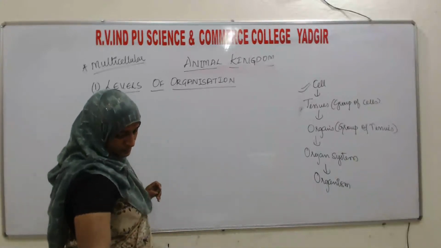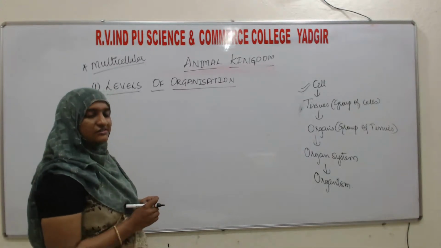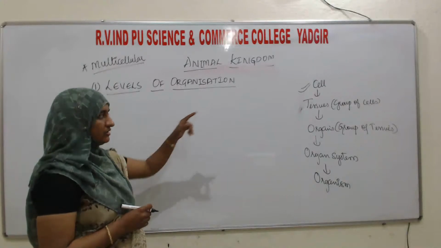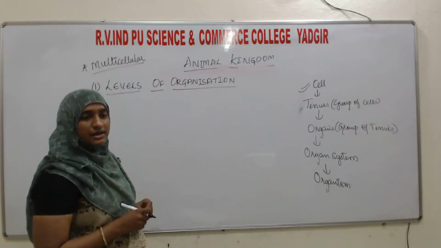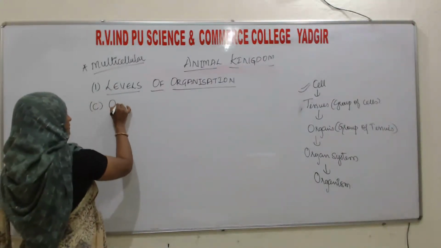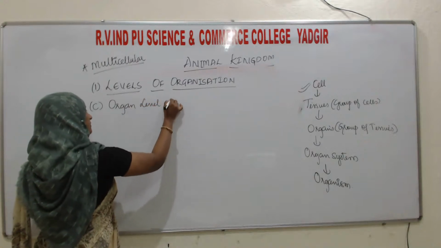Next, it is organ level of organization. It is somewhat a higher level of organization as compared to cells and tissues.